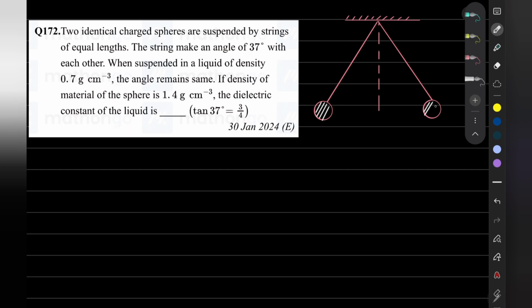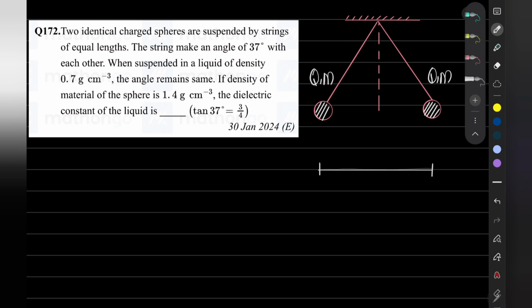Because they have said identical, the mass and charges will be the same. So the charge is q and the mass is m on this side, and this one is also q and m. One more thing I am taking is the distance between these two spheres.